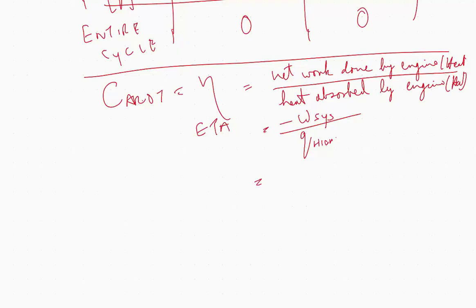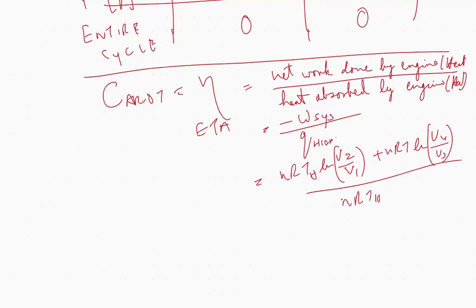nRT, and then V2 over V1 plus nRT, and then V4 over V3. This is low here. ln V2.